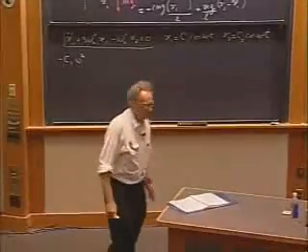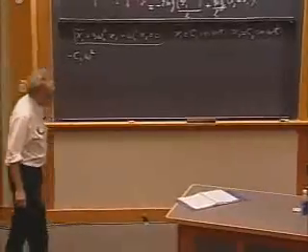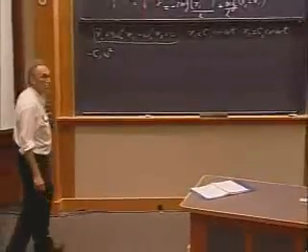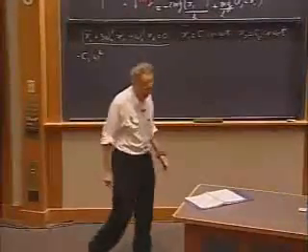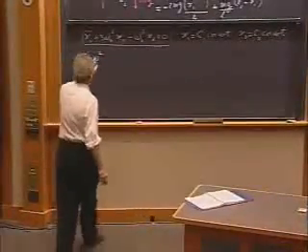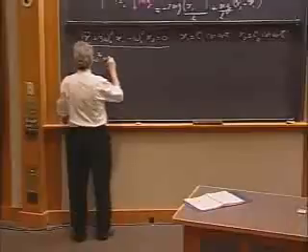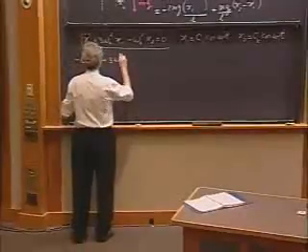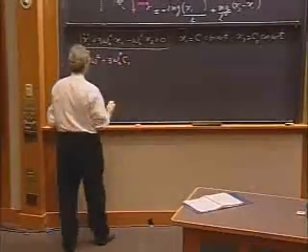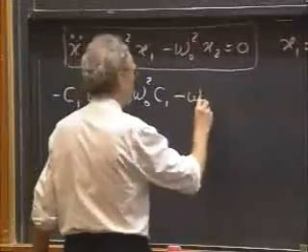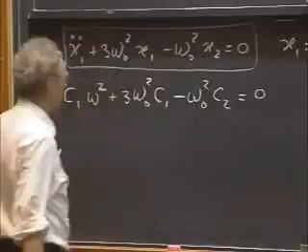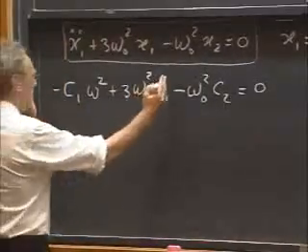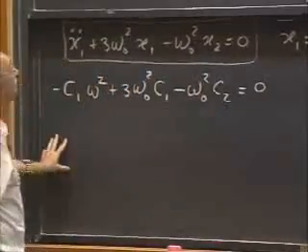I ditch the cosine omega t terms because I'm going to have a cosine omega t everywhere. So I'm not going to write down the cosine omega t. I have here plus 3 omega 0 squared times C1. I have here minus omega 0 squared times C2, and that is 0. Notice I put the C1s here and the C2 there.